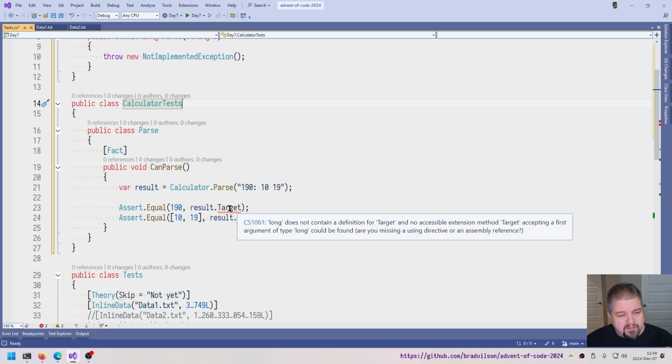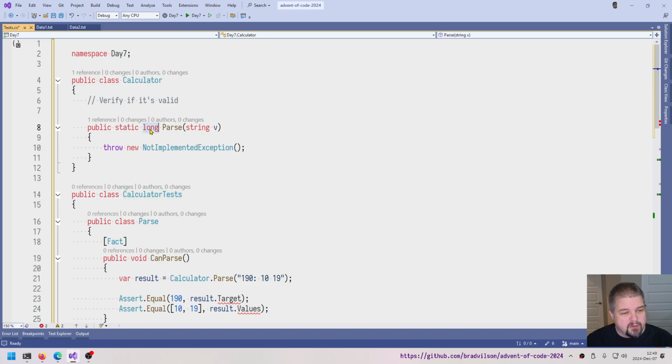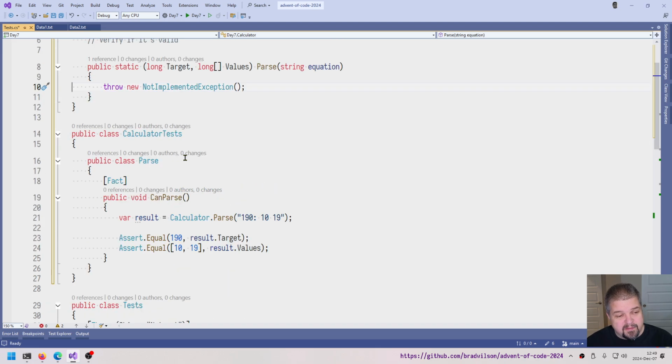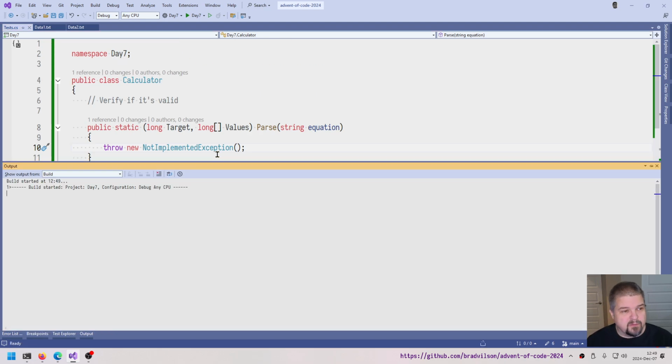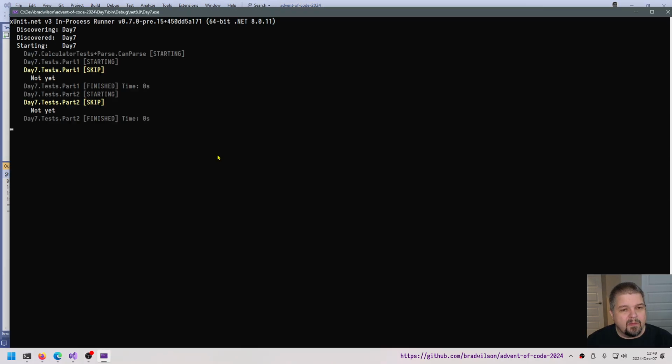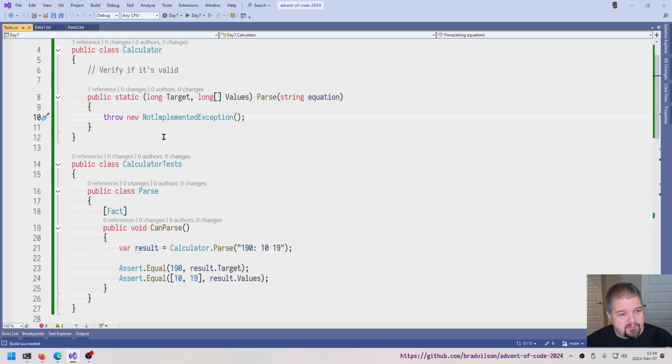All right, so we want this to be able to return basically a tuple with target and values, right? So you're going to return a target and values. And we're going to take an equation. Not implemented sounds fine. Make sure these are skipped. They are. Let's go ahead and run this test and watch it fail. There we go. Method not implemented. Very good. All right, so this is a pretty straightforward thing.